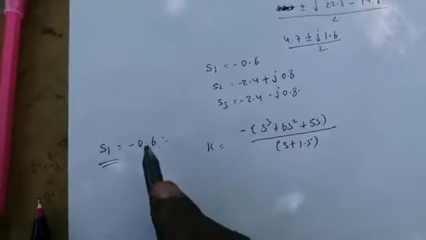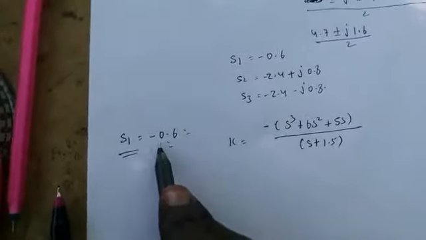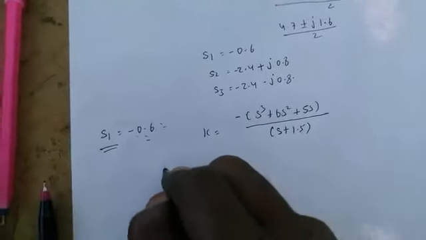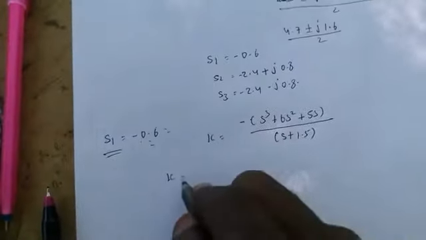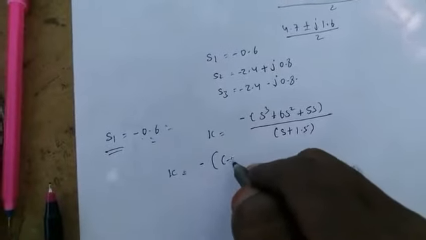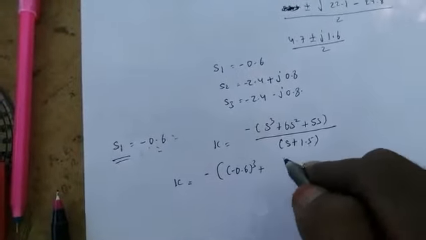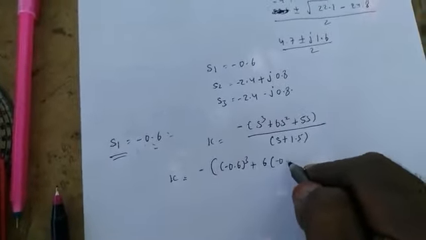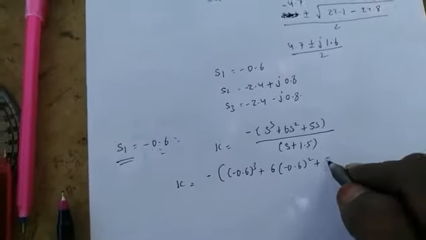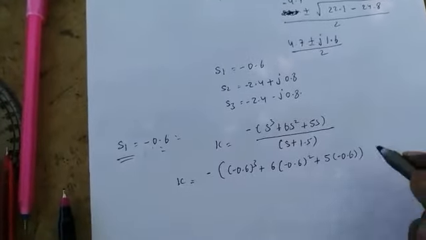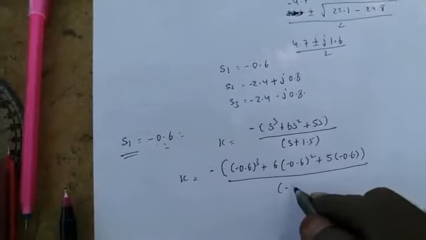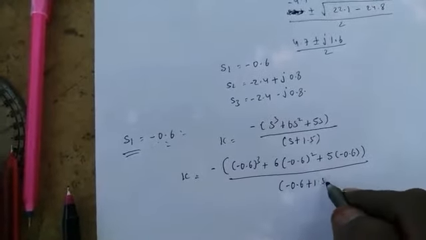If you substitute minus 0.6 instead of s, let me see what you will get. K equals minus of minus 0.6 whole cubed plus 6 into minus 0.6 whole squared plus 5 into minus 0.6, divided by minus 0.6 plus 1.5.